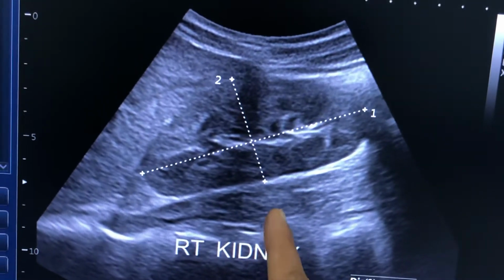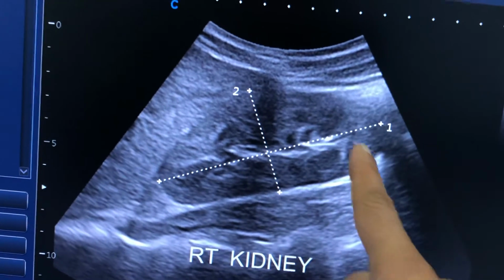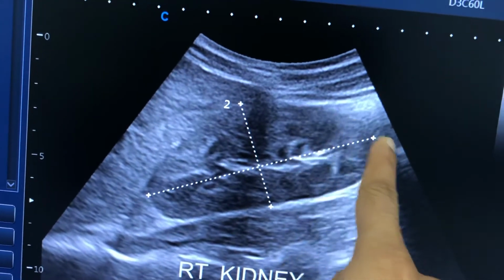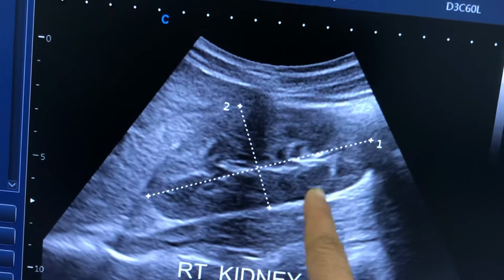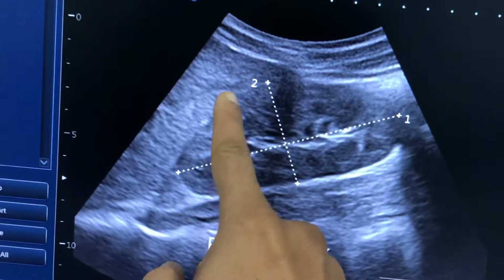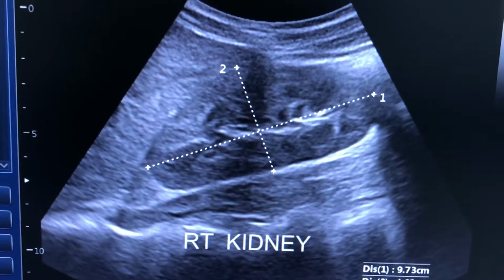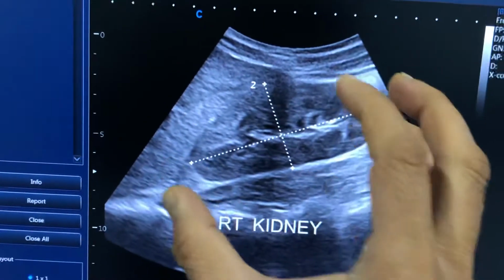Can you make out the difference? This is a little bit globular, and you see that the pointing over here is not there. It is rather C shape rather than V shape, or here also. And subjectively, if you can appreciate, this kidney has become a little bit globular.